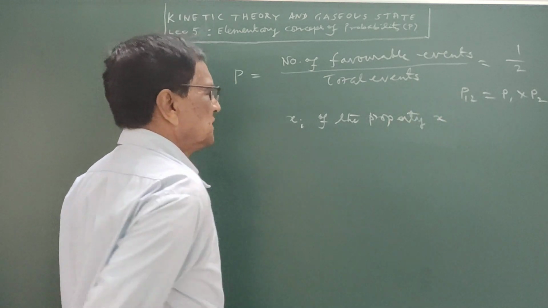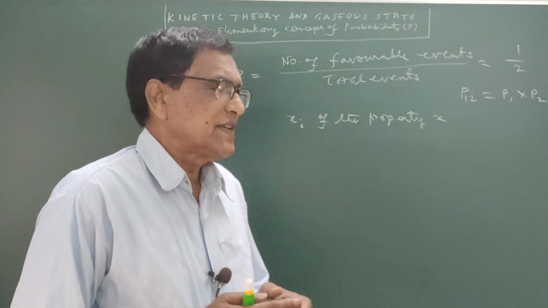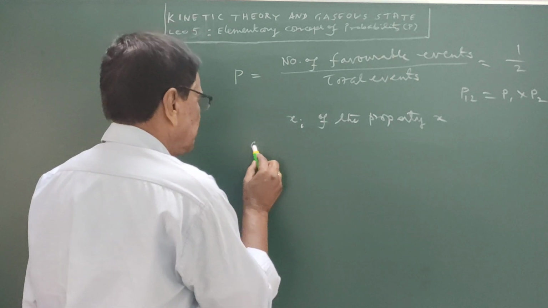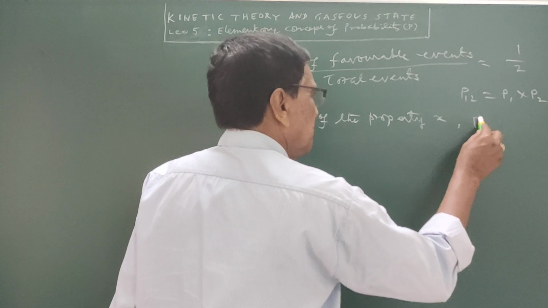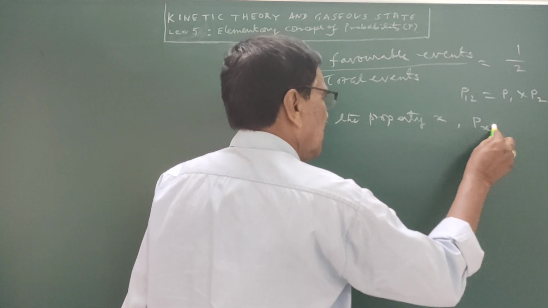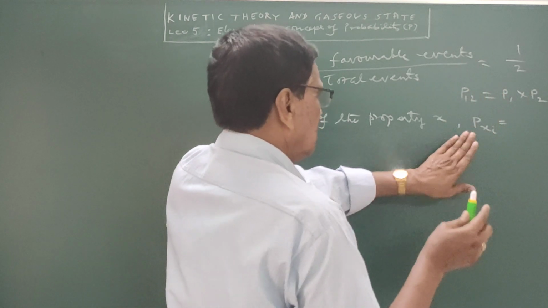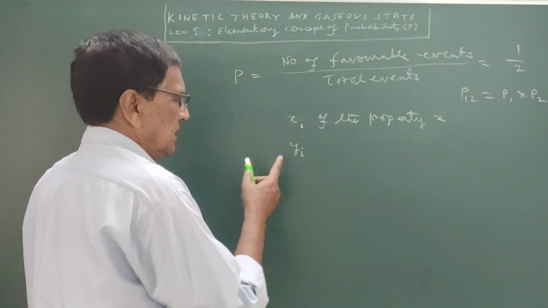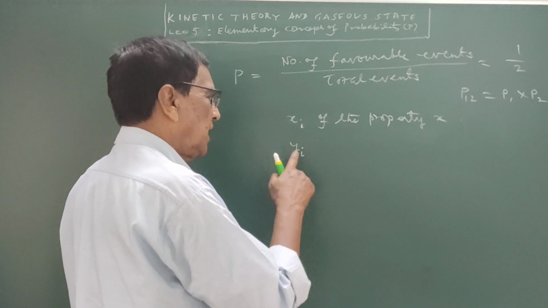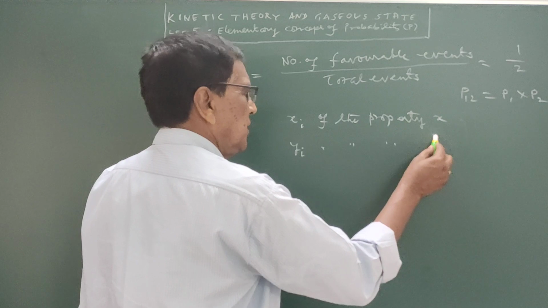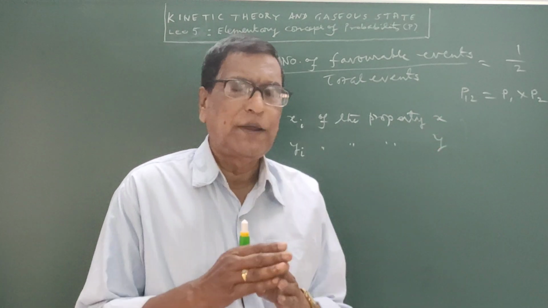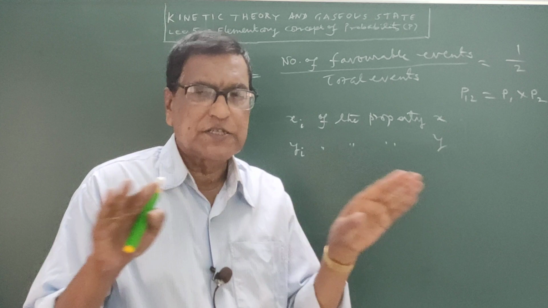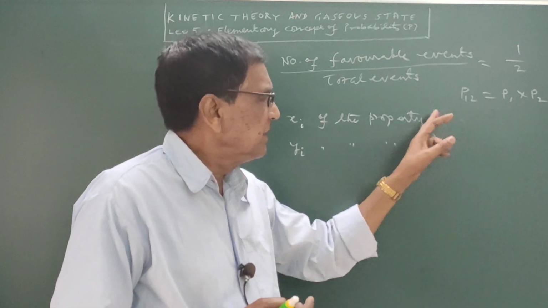Suppose this system is having a value xi of this property x, and then its probability is p xi. And suppose this system has this value yi of this property y, and the x property and y property are independent of each other. They are having discrete values, meaning fixed values.